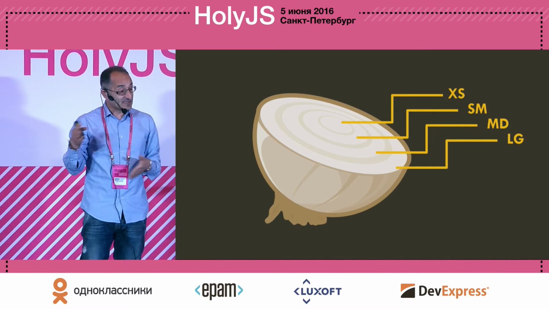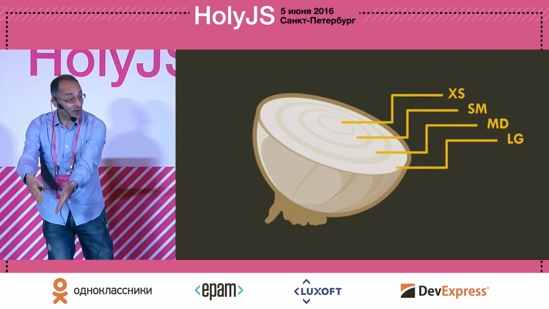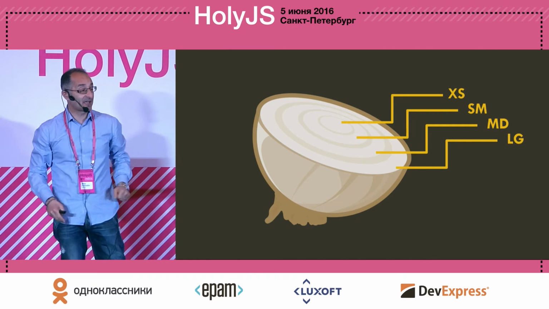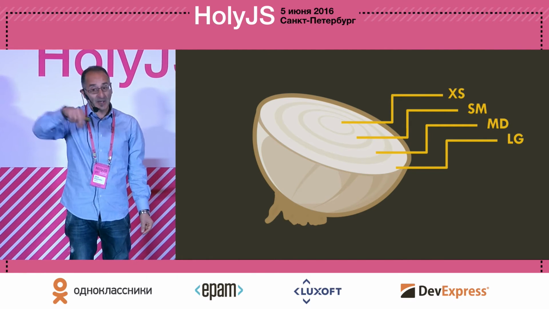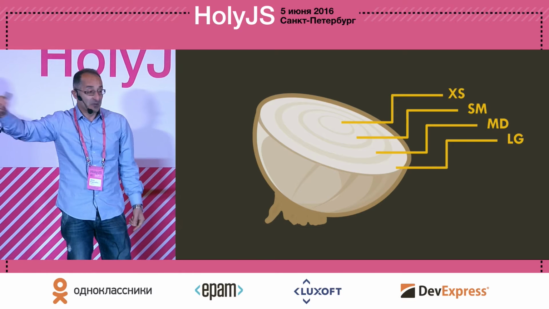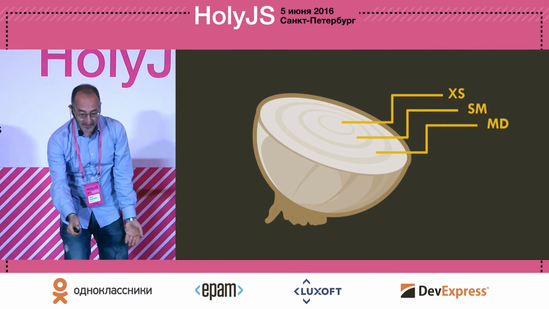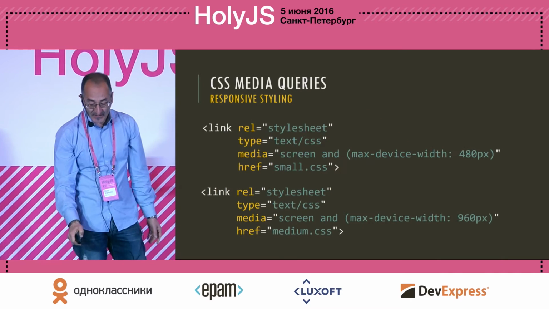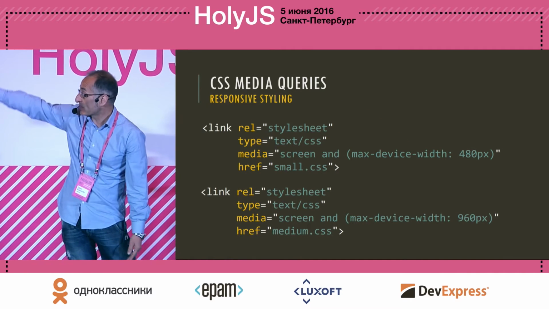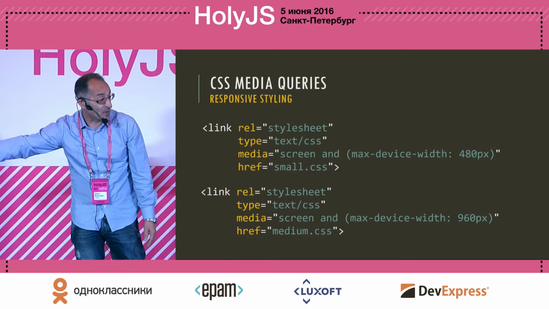Every framework sets the number of breakpoints, and the number of pixels each breakpoint is related to. But of course, if you create your link statements yourself, as we had in the previous slide, we have two breakpoints, one set at 480 and the other one set at 960.